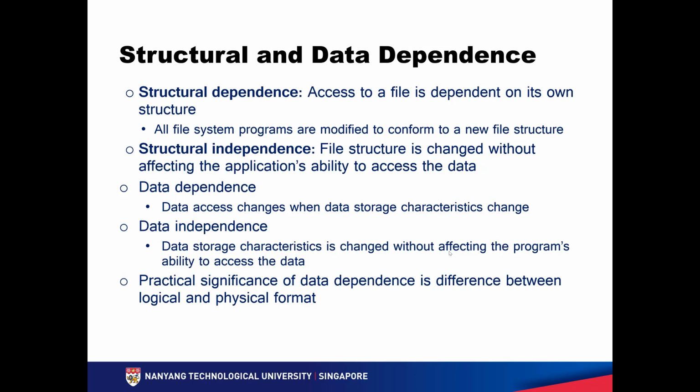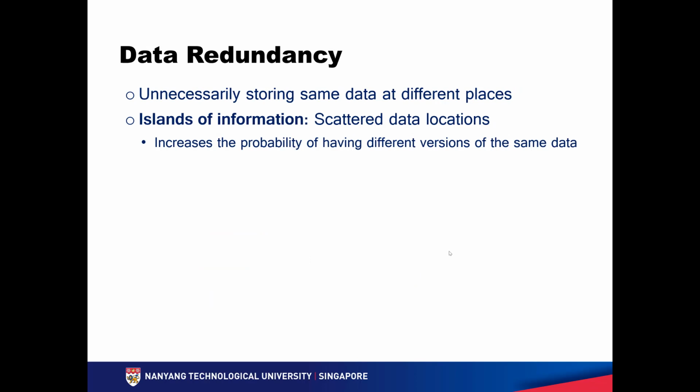All right. Next, I would like to just very quickly talk about data redundancy. In data redundancy, basically, it is about unnecessarily storing the same data in different places. And when you have such multiple redundant data stored all over the place, it will create a lot of problems.